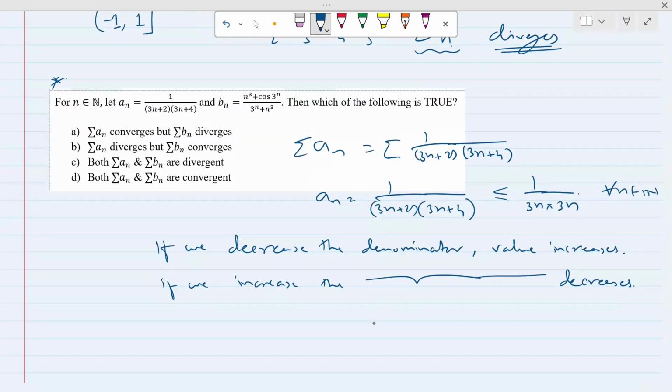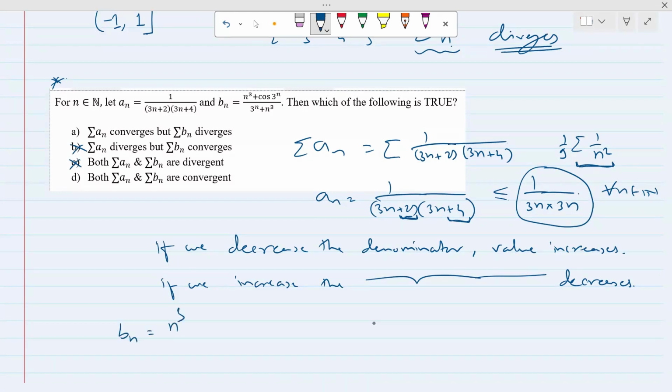Here we have decreased the denominator by excluding the plus 2 and plus 4, so the value will increase. And this series converges because it is nothing but summation 1 by n square, which converges by the P series test. By the comparison test, summation an also converges. Is that okay? So this option is ruled out. What about Bn?